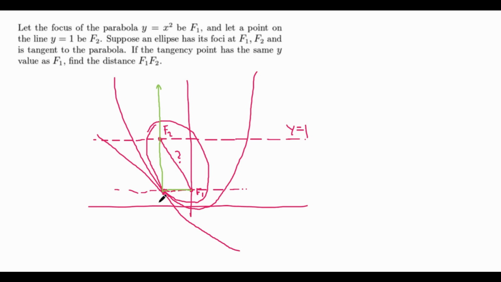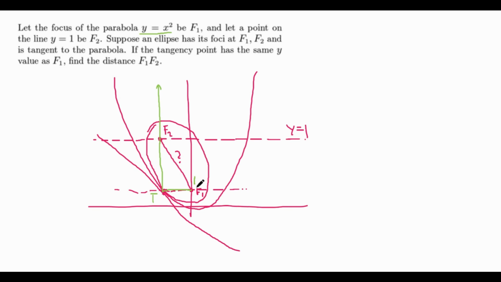Now, what does that tell us? Well, that tells us that if this tangency point is T, then T and F2 share the same x value. So now we also know that T and F1 share the same y value. And since the y value of F1 is just 1/4, this is just a direct calculation of the focus point of y equals x squared.